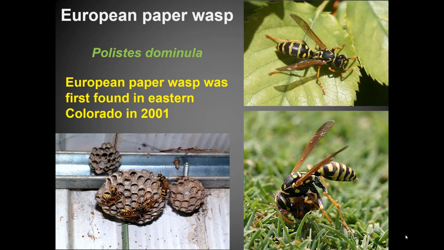Anyway, European paper wasp is a species that feeds its young live insects that it chews up into bug burger. And this insect has become extremely abundant in urbanized areas in much of the state over the last decade and a half. And it is eating a lot of caterpillars.